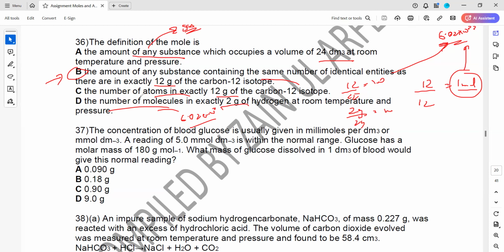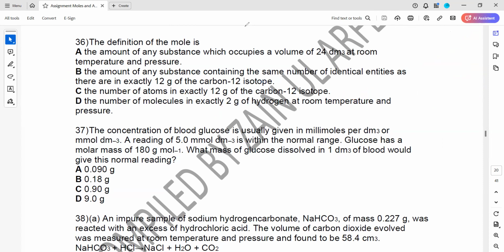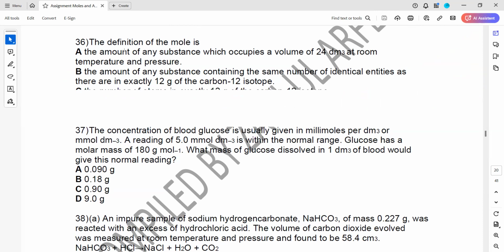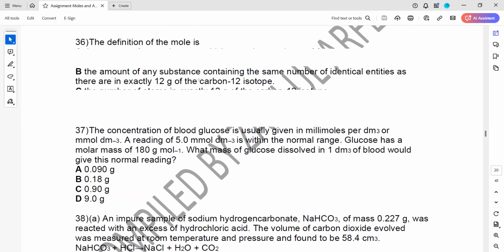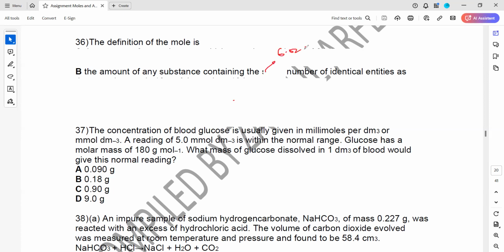The definition of a mole is the amount of substance which contains Avogadro's number of particles. It is the amount of substance that contains 6.02 times 10 to the power 23 identical entities.